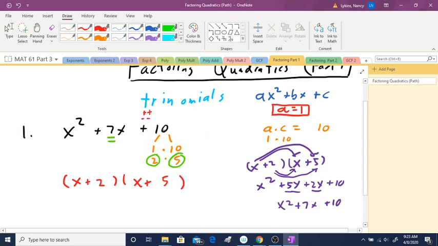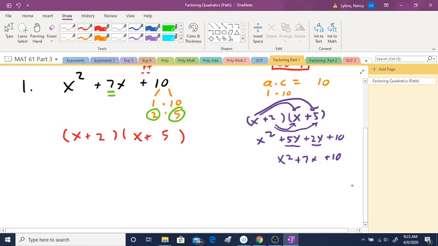So the key to this is factoring the 10 out to get the middle term, the 7x, and since this sign is positive, I know it's going to be plus plus or minus minus. In this case, it's a positive. So that's why it's x plus 2, x plus 5.